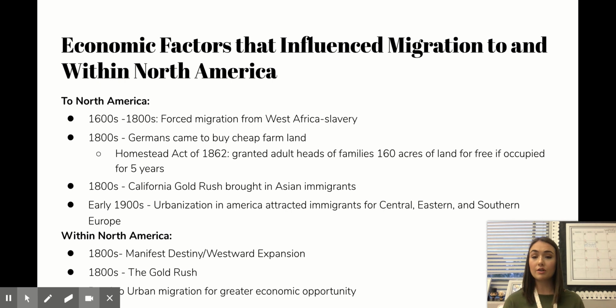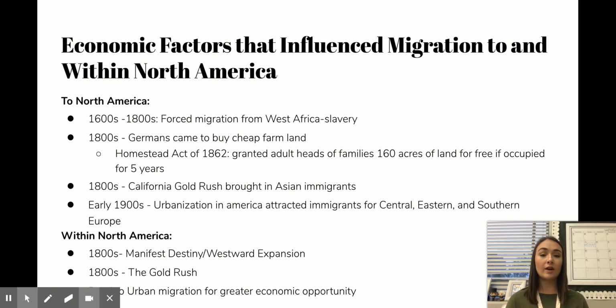In the 1800s, we have an influx of Germans that came to buy cheap farmland. That's mainly due to the Homestead Act of 1862. During this time, especially in America, we had this idea of westward expansion, that we were supposed to go from sea to shining sea, and you'll learn more about that in American history. But our government really wanted people to settle the West because it's harder to take land away from a country that has people settled on it.